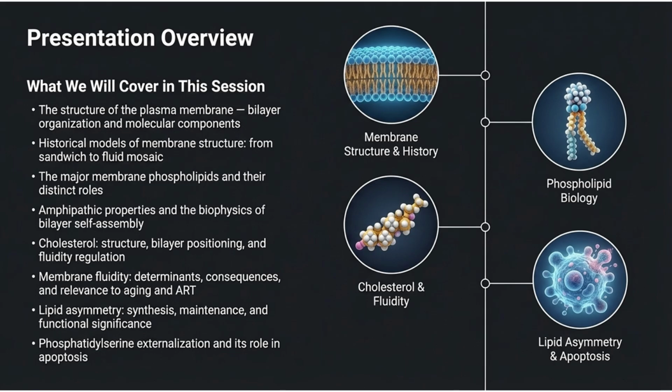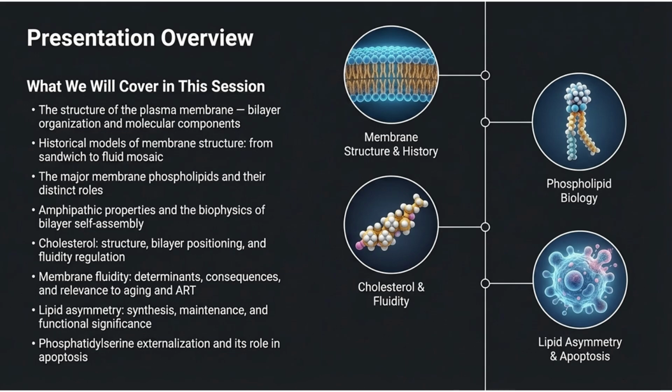From there, we take a brief but important historical detour, examining how our understanding of membrane structure evolved over the 20th century, from the early sandwich model to the fluid mosaic model that remains our conceptual foundation today.